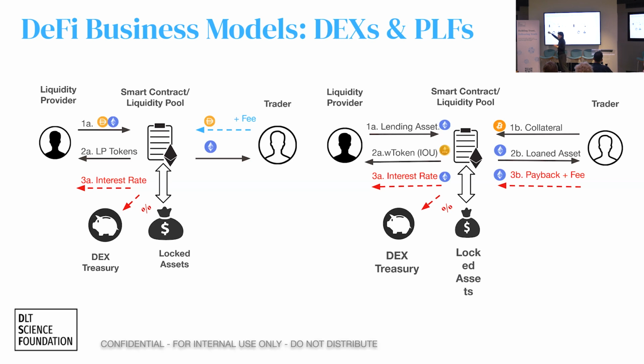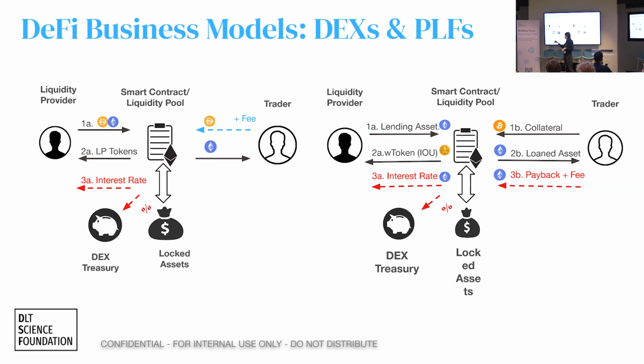The supply side, the liquidity provider, will provide a token pair for the traders, for the exchange users to come and trade. For example, they have some DAI and they want to buy some ETH, they will come to the liquidity pool and sell DAI into the liquidity pool and withdraw ETH from the liquidity pool, or the other way around.